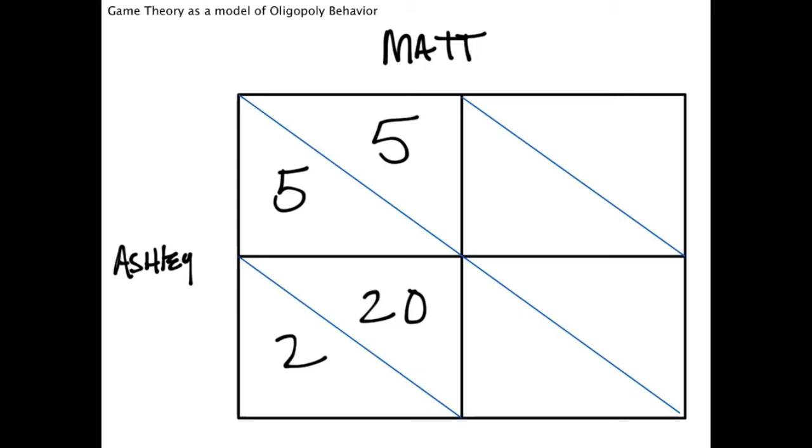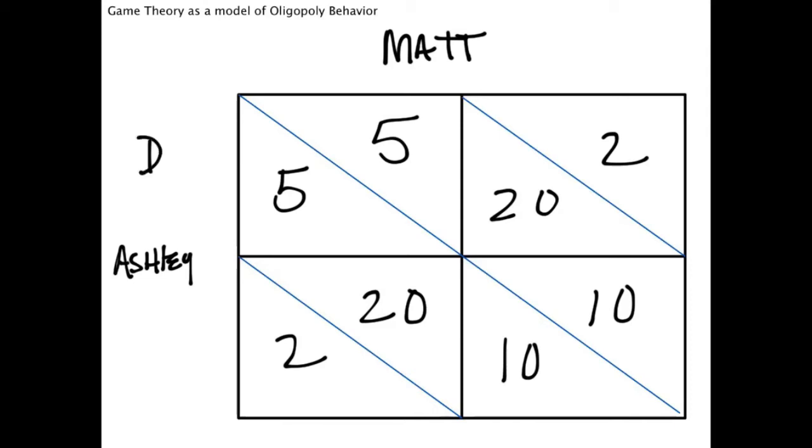If you deny that, and Matt confesses, Matt is going to get 2 and you're going to get 20. However, if you both confess, you're both going to get 10 years."